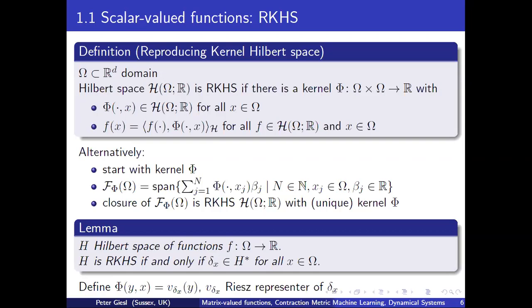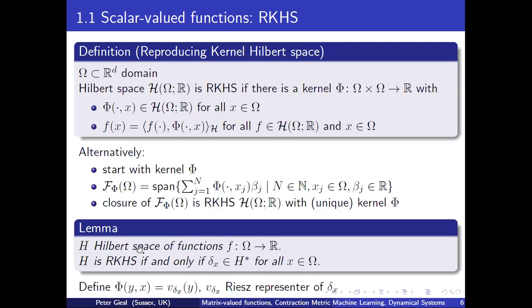So that's the definition of a reproducing kernel Hilbert space. We can also start with the kernel. Given the kernel, we look at all finite linear combinations, take the span of these functions, and then look at the closure of this, and that will be the reproducing kernel Hilbert space with this unique kernel phi. So when is a Hilbert space of functions a reproducing kernel Hilbert space?